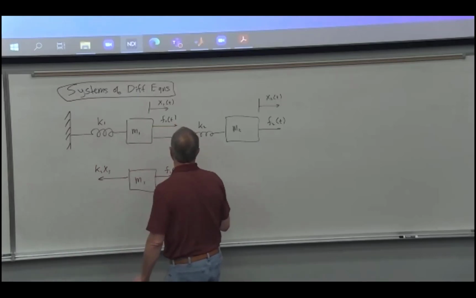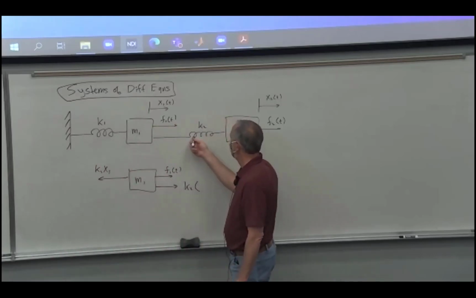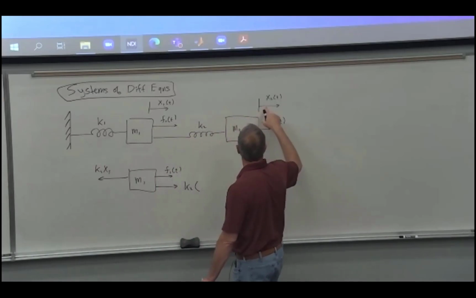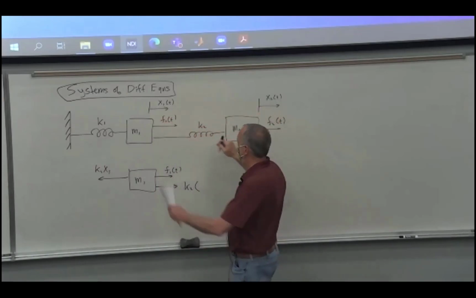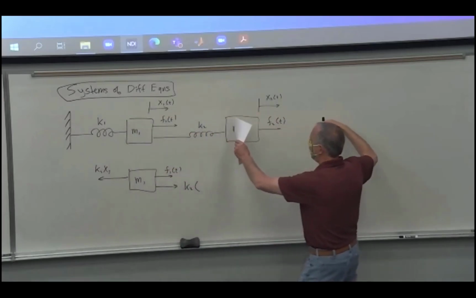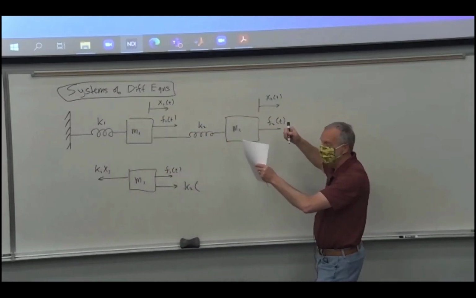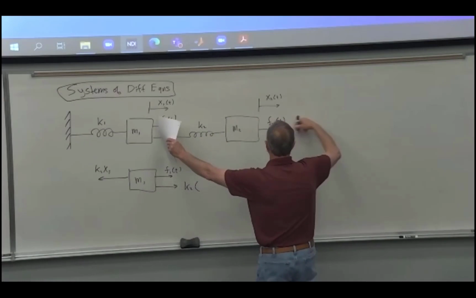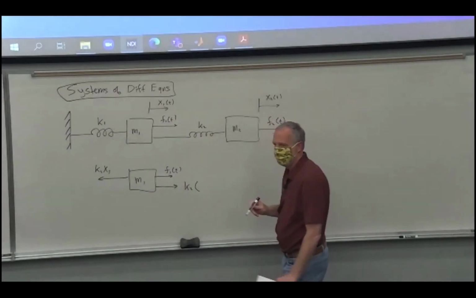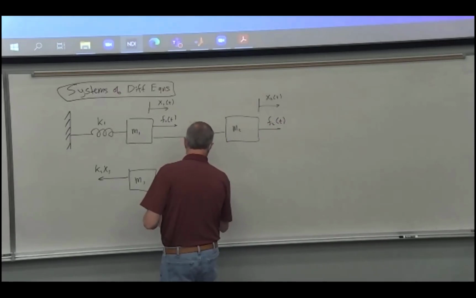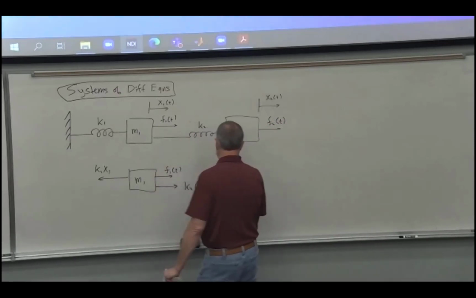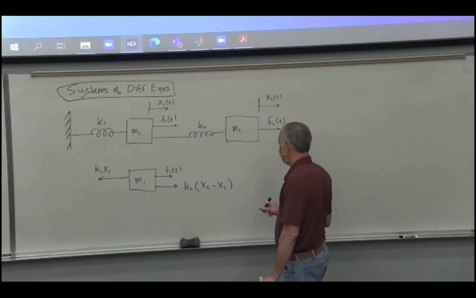And the pulling of this spring is going to depend upon the difference between this and this position. If they both slide over the same amount, the spring doesn't stretch. But if x2 is bigger than x1, then that's when you get the stretching. So this has to be the difference between those two displacements.